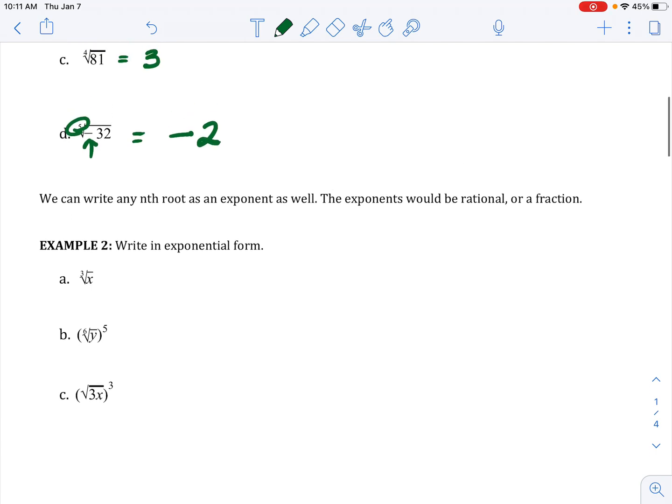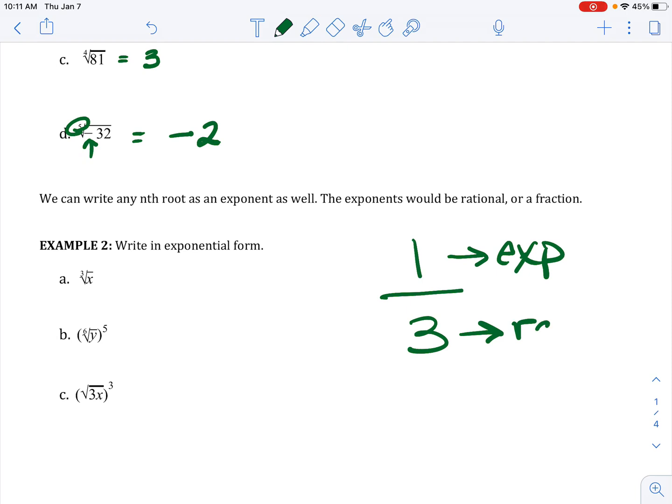Now, we can also write them as exponents in different ways. So there are a couple different locations. Okay, when we're looking at a fraction, I want you to think of the top number, the numerator, becomes the exponent, and the denominator becomes the radical.